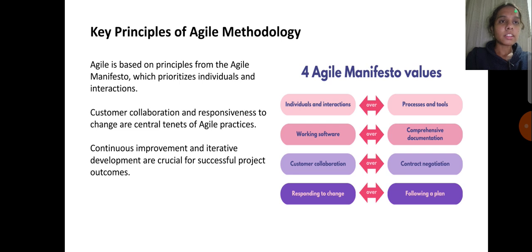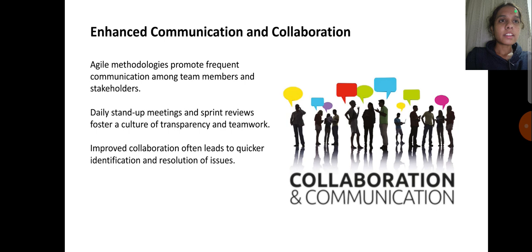And next is enhanced communication and collaboration. Agile methodologies promote frequent communication among team members and stakeholders. Daily stand-up meetings and sprint reviews foster a culture of transparency and teamwork.